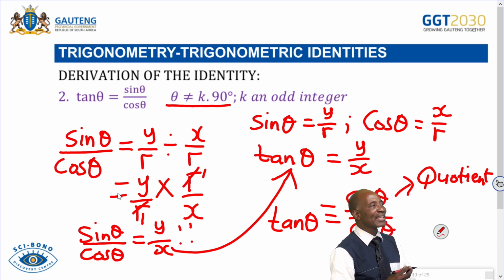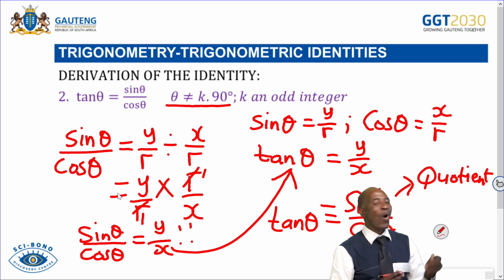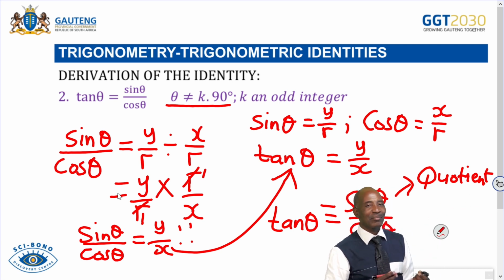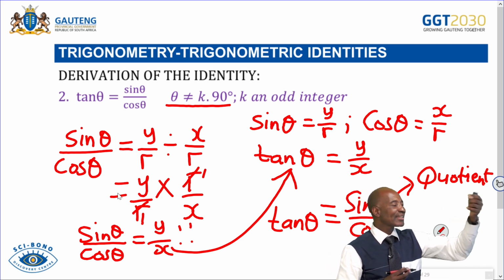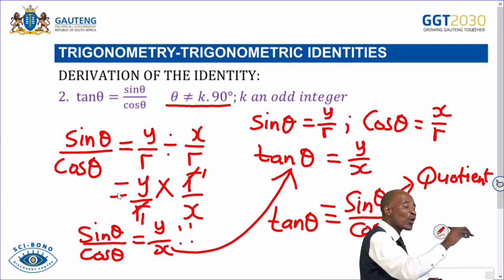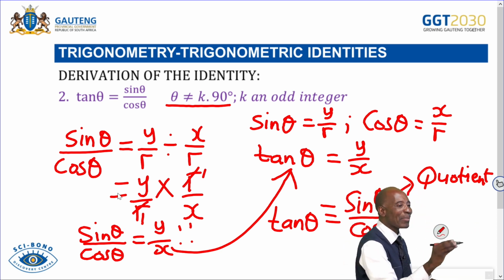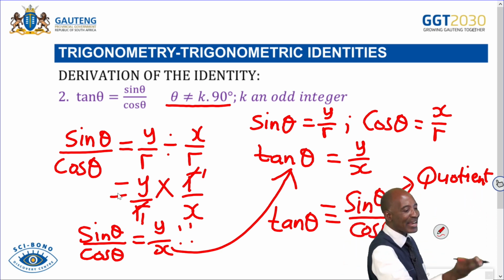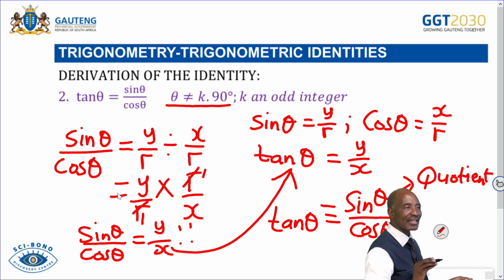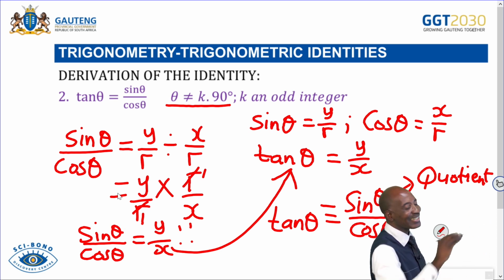Odd integers meaning you are using 1, 3, 5, 7. It will work for 2, it will work for 4, it will work for 6. But the moment you use 90 by 1 in the denominator, it won't work. The moment you use 90 by 3, it won't work.